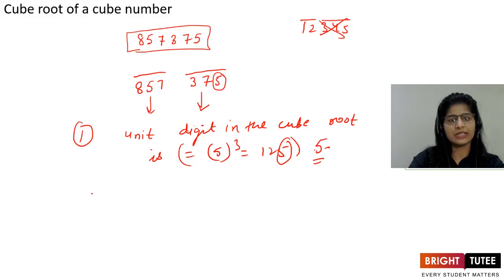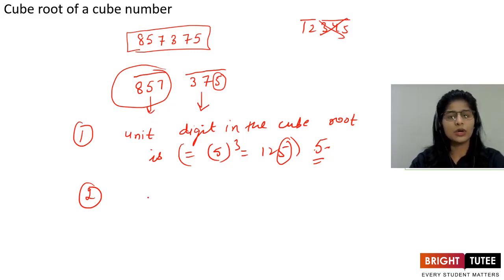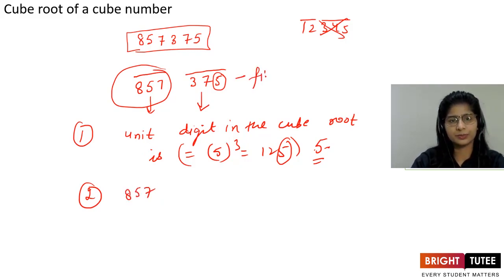What about the second number, that is 857? So we are going to think of the numbers whose cube is approximately equal to 857. We observe that the second group is 857, okay, this was our first group, and the second group is 857.